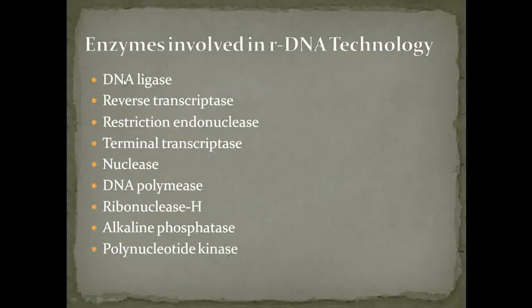The enzymes are DNA ligase, reverse transcriptase, restriction endonucleases, terminal transferase, nuclease, DNA polymerase, ribonuclease H, alkaline phosphatase, and polynucleotide kinase. These are several enzymes which have specific roles in recombinant DNA technology.